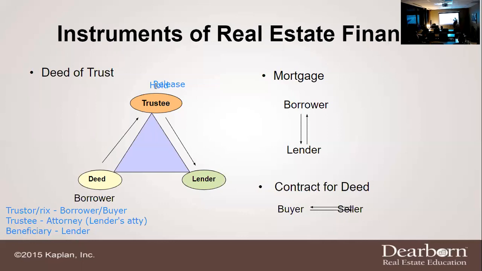So next to deed of trust, you want to put non-judicial, and over here with mortgage, you want to put judicial. That'll show you the differences. Because under deed of trust, it's non-judicial. You don't have to go to court to get your deed. Over here in a mortgage, you have to go to court. You have to go through all those processes. If you've ever dealt with the court system, let me tell you, minimum 6 months behind. Sometimes longer.